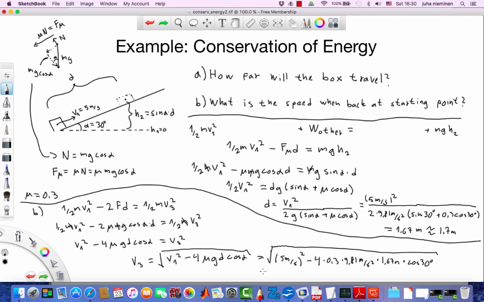And that gives us 2.8 meters per second as the final velocity back at the starting point. Significantly less than the 5 meters per second to start with, and that is all due to the work done by the friction.